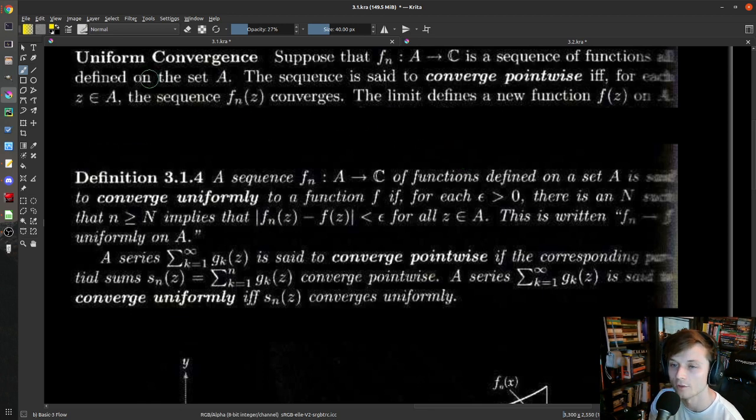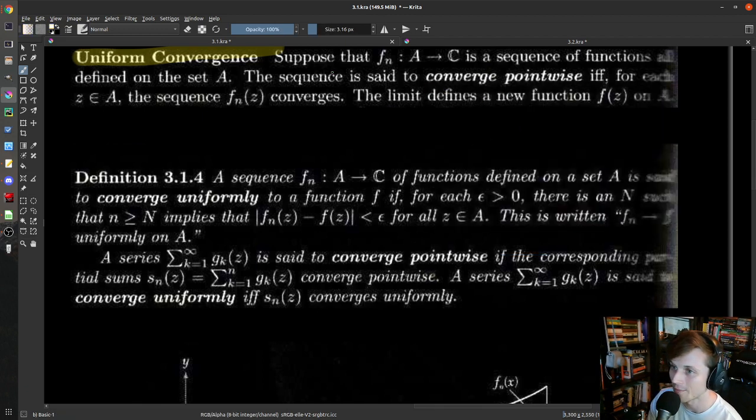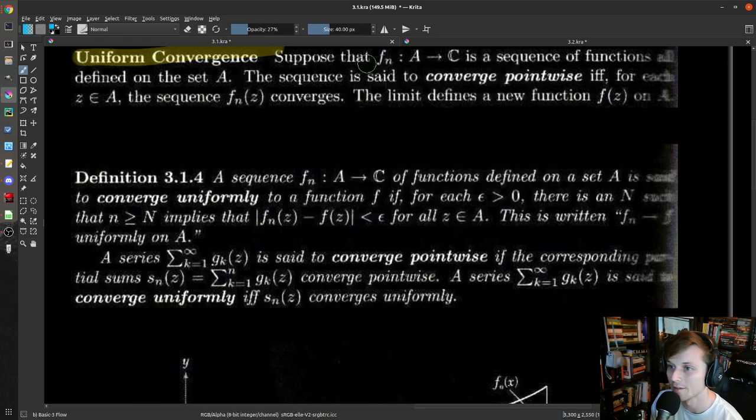All right, so uniform convergence is kind of what we're gonna have to spend a little bit of time on here because it's worthwhile to talk about. So, we've got a sequence of functions f_n from some domain A into C, all defined on the same set A. We're going to say that the sequence converges pointwise if for each value z in A, the sequence of points f_n of z converges.